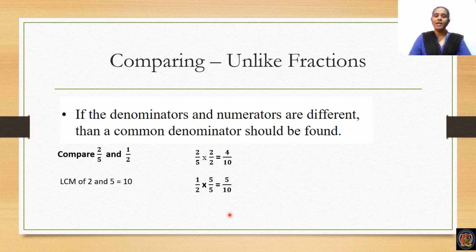The fraction with the greater numerator will be greater. So 5 by 10 is the greater fraction. 5 by 10 is nothing but 1 by 2. 1 by 2 is greater. 4 by 10 is less than 5 by 10. This is how we compare unlike fractions when the denominators and the numerators are different.